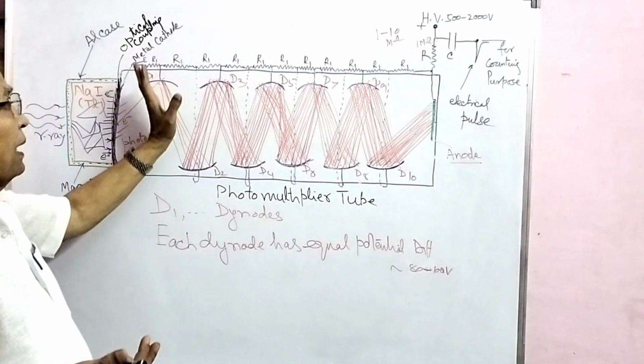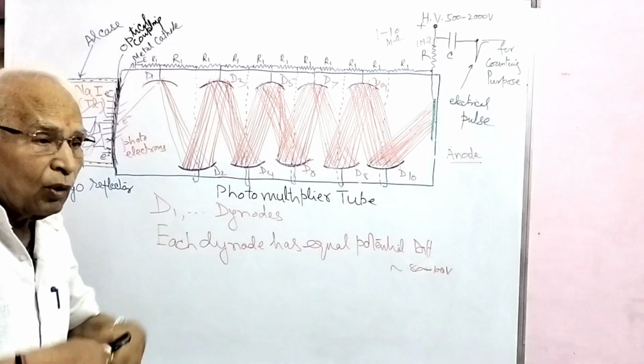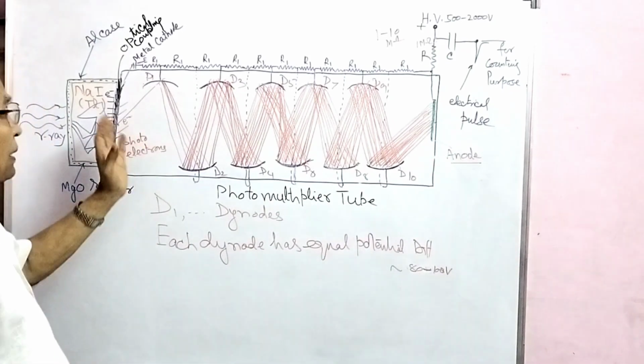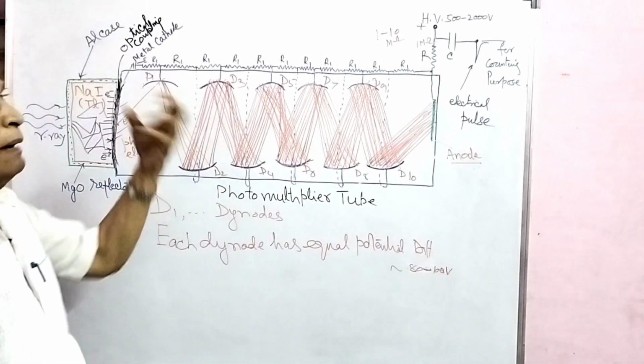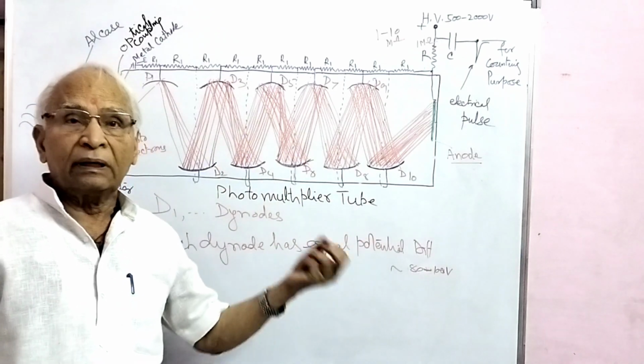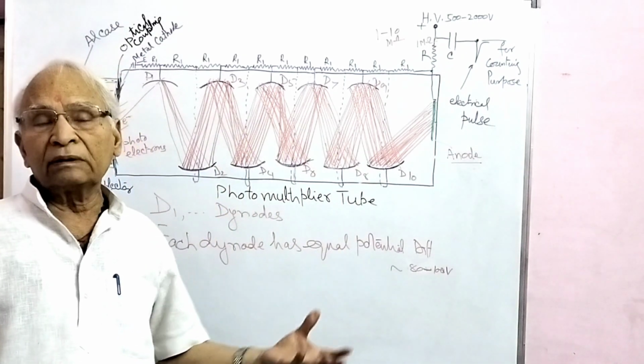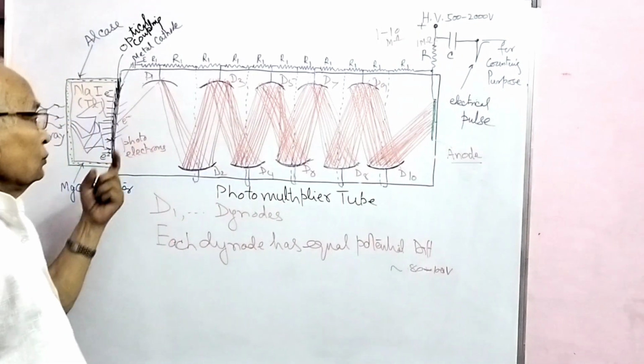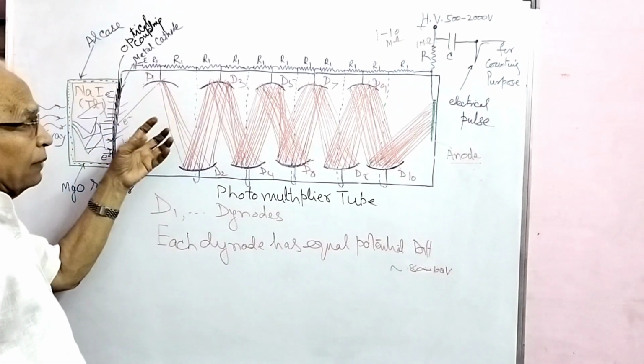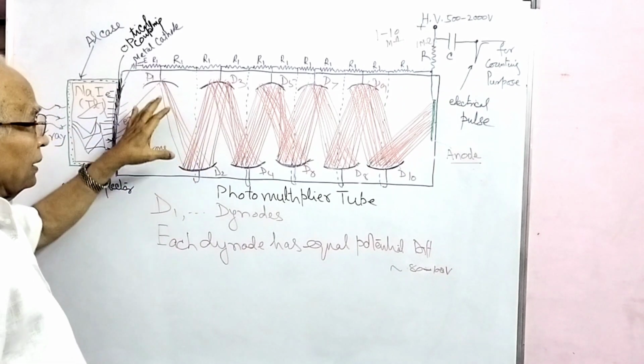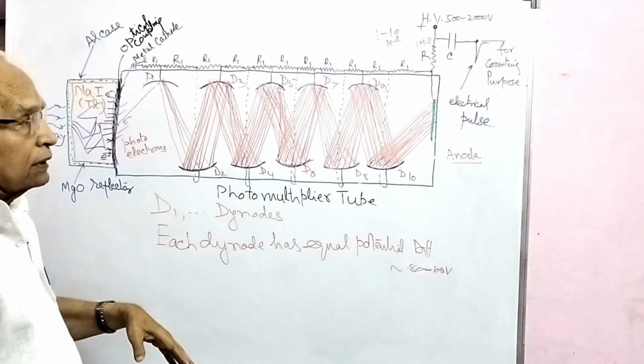So they strike with the higher velocity here, they remove more number of electrons. Maybe say each electron removes 5 electrons depending upon the voltage and the speed of this electron. So each electron is multiplying by giving kinetic energy to these electrons and say 5 more electrons come.